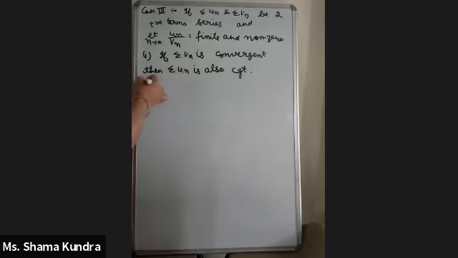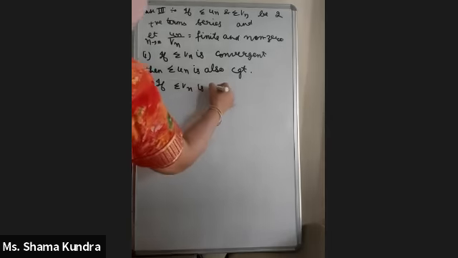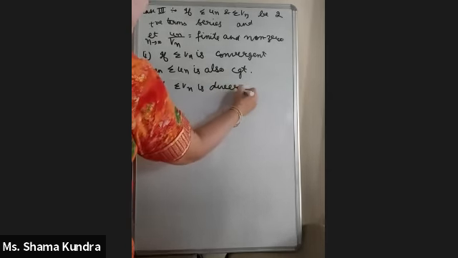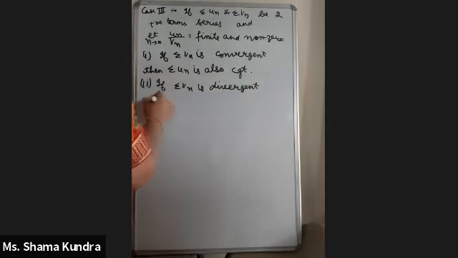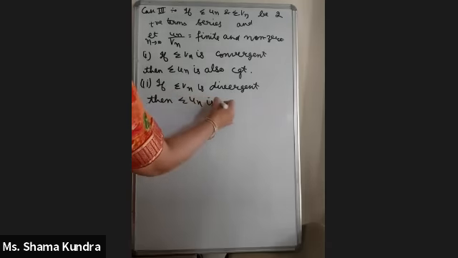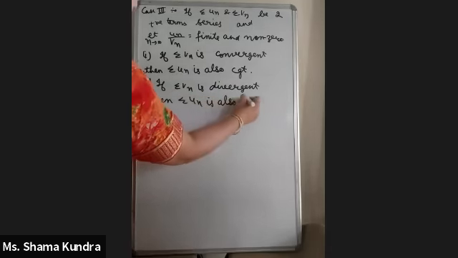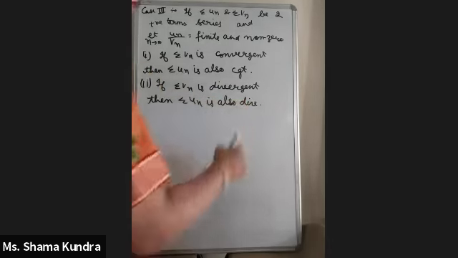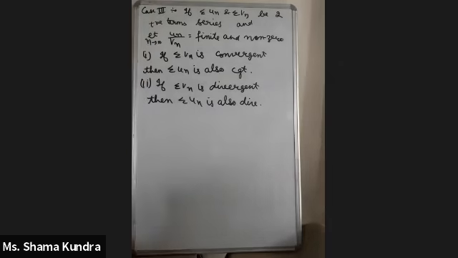And if series Vn is divergent, then series Un is also divergent. Means both series behave alike. Both series behave alike. Now observe all the three cases.